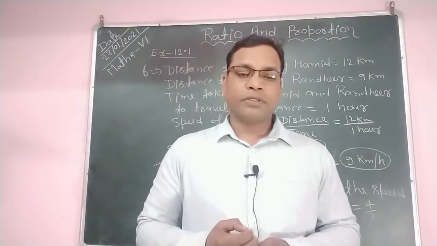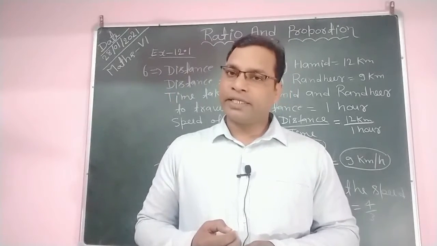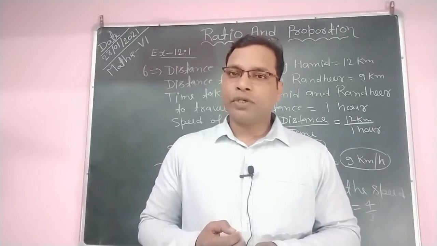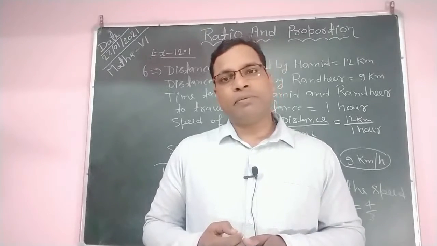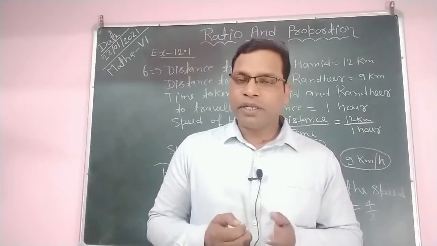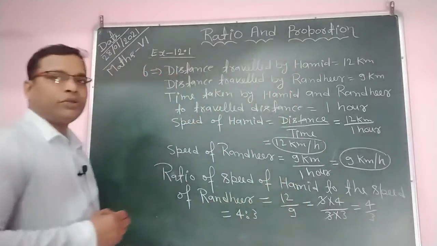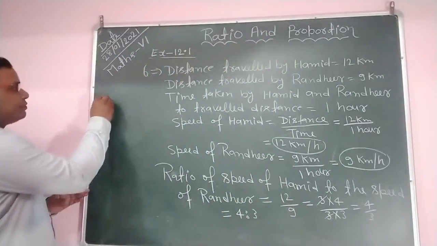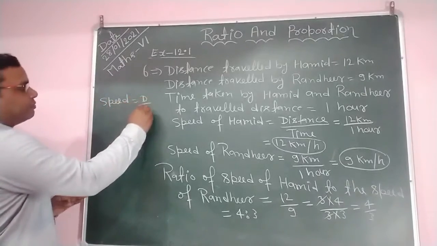I repeat this question again. Find the ratio of the speed of Hamid to the speed of Randhir. Okay, so students, first we find the speed of Hamid and the speed of Randhir. How do you find the speed if distance and time are given? Because you know very well, speed is equal to distance upon time.